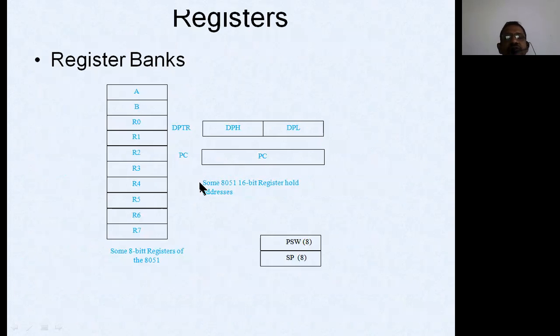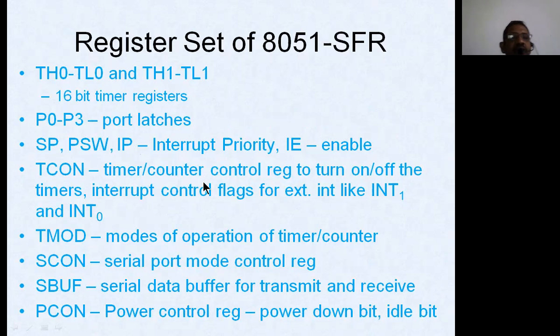The next register is the TCON register, called the timer control register. This timer control register is nothing but a register to turn the appropriate timers on and off. It also contains interrupt control flags for external interrupts like INT1 and INT0.